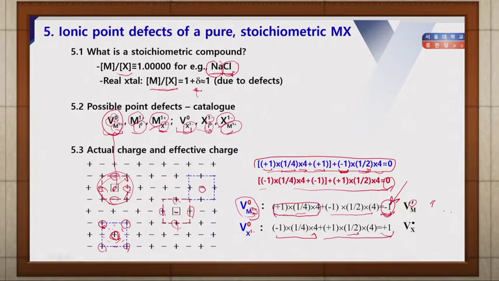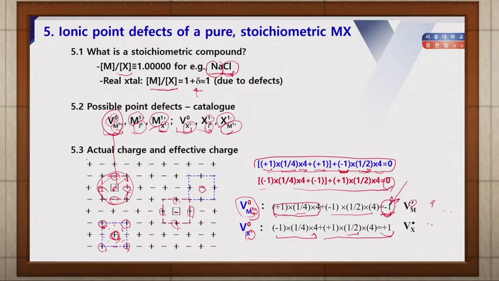This +1 turns out to be equal to the actual charge of this vacancy minus the actual charge of this site if our crystal is ideal. So this effective charge, or positive effective charge, will be denoted by a dot, or if doubly charged, then we put 2 dots and so on. This is a very important concept in defect chemistry.